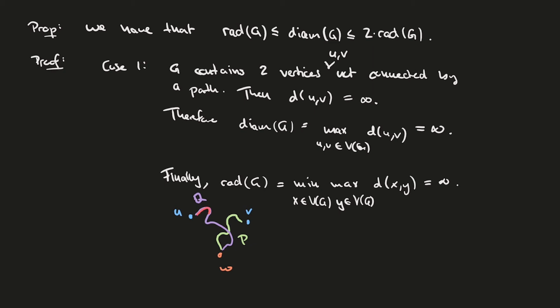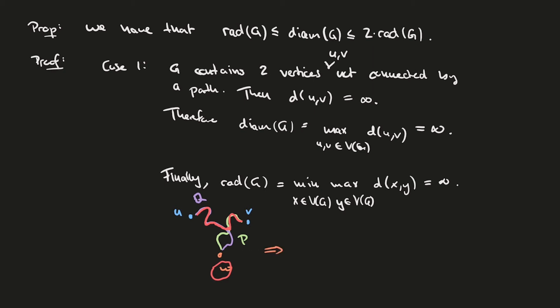We would traverse q until the first intersection it has with p, and then we would go along p to v. If q and p don't intersect, then we would proceed along q from u to W and then go from W to v along p. Because there is no path between u and v, this shows that for any vertex W in our graph, it can have at most one path between it and either u or v. In other words, there is no path between W and both u and v.